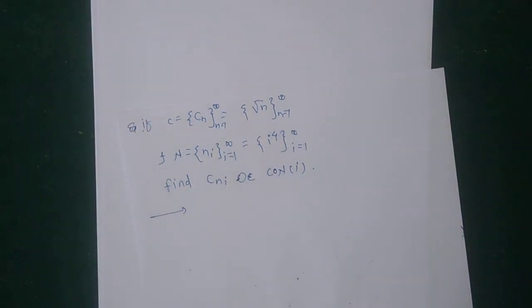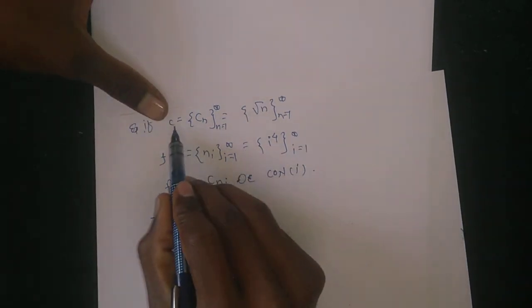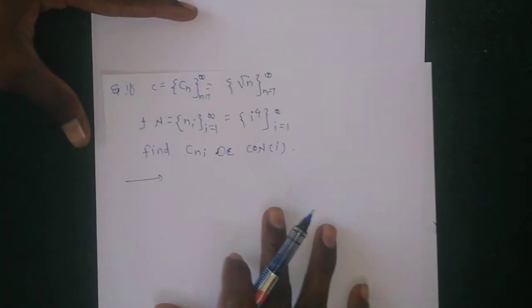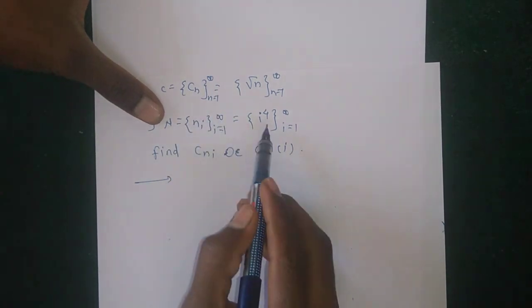Okay, how to find its value? Here we use the definition of the composition function. C is a function, the sequence C is defined here, and n is a subsequence defined here.